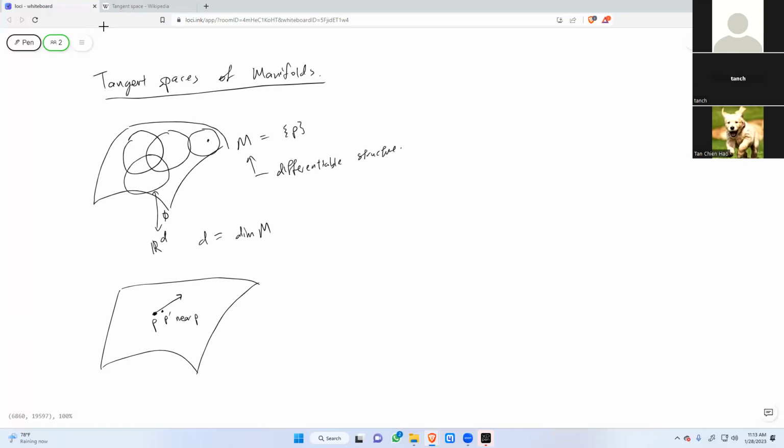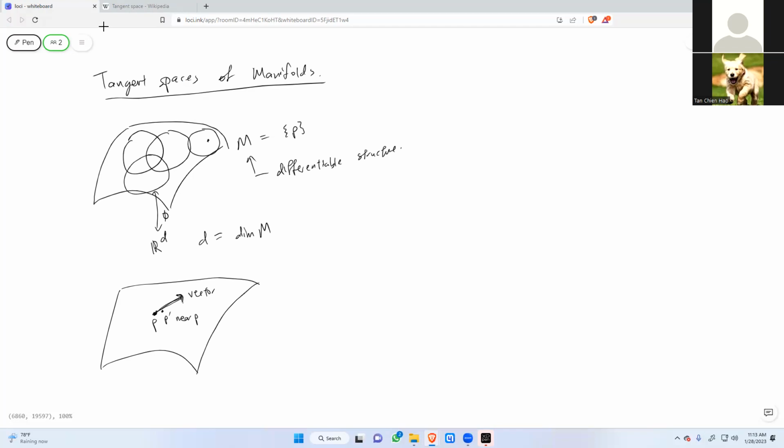The difficulty is that we want to define this arrow rigorously. We want to define tangent vectors originating from a point, which is essentially a vector, and we want to be able to add multiple vectors together.